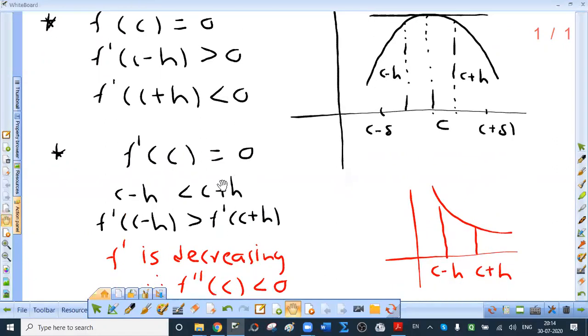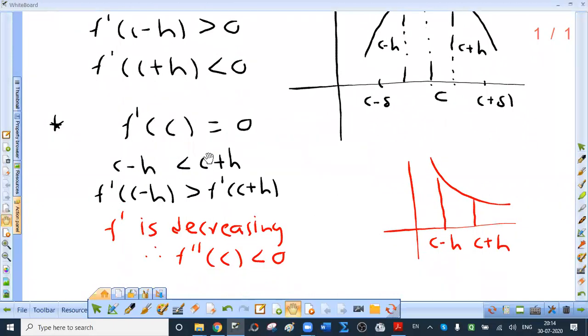So I can say that c minus h is less than c plus h, but f dash of c minus h, being positive, is greater than f dash of c plus h. Now you must remember that this happens in case of a decreasing function.